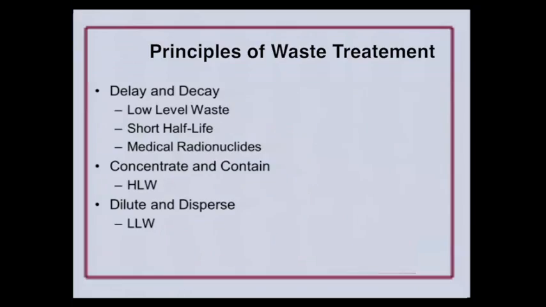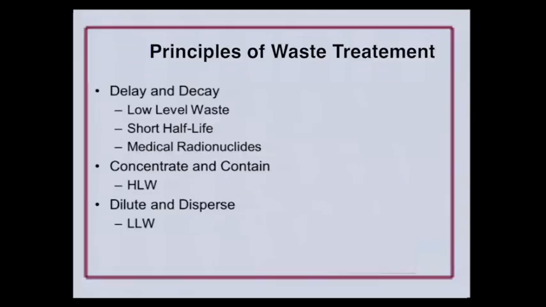And if we look at the philosophies or the thoughts on how to process waste, you can kind of break it down into these three things: delay and decay, concentrate and contain, or dilute and disperse. And you can see within each of those categories, we've kind of laid where the three major categories fall.